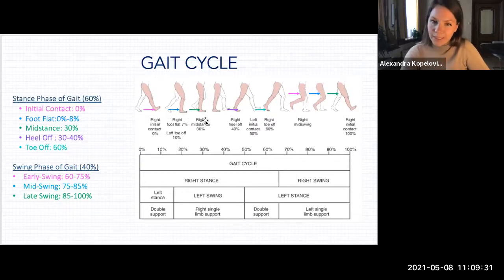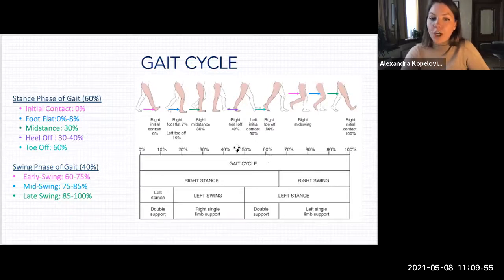Following that, we have mid-stance, when the greater trochanter is completely vertically oriented over the tibia. That's at 30% of the gait cycle. And as you can see, I told you that the stance phase of the gait takes up 60%. So mid-stance is exactly at half of 60%. So that's something to note.